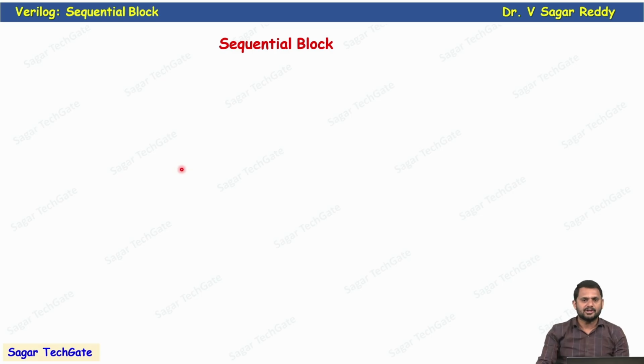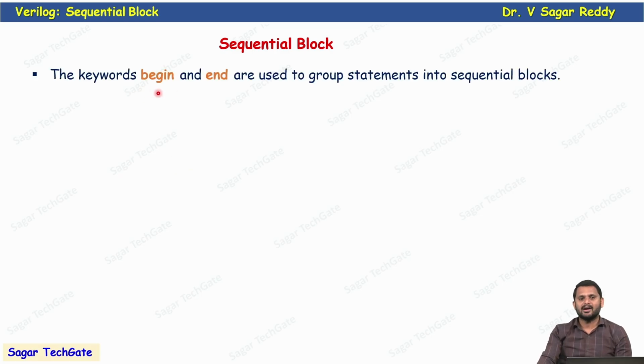Coming to the sequential block, the keywords begin and end are used to group statements into a sequential block. Clear? We are using these two keywords, begin and end. As I explained in the previous video also, if you write statements between begin and end, all of them are sequential statements, and they will execute one after another, in the order in which they are written in that block.